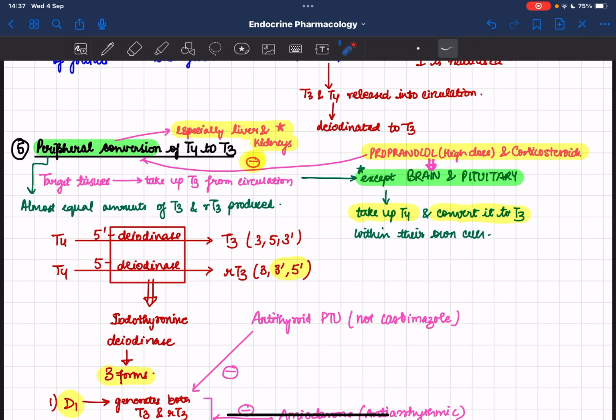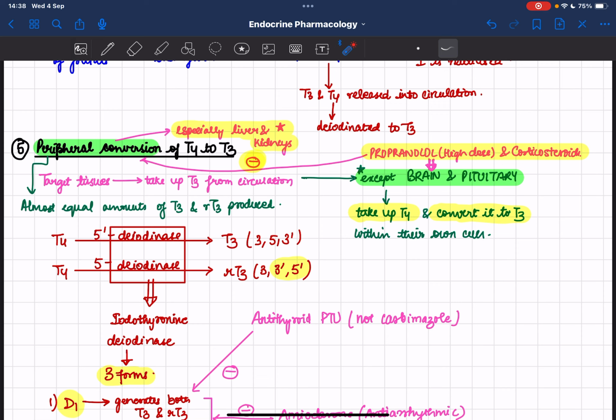But there is an exception in brain and pituitary, where they take up T4 and convert it to T3 within their own cells. Normally, there are some peripheral conversion sites where T4 is converted into T3 and then the T3 is taken up by all of the cells. But brain and pituitary do this by themselves.